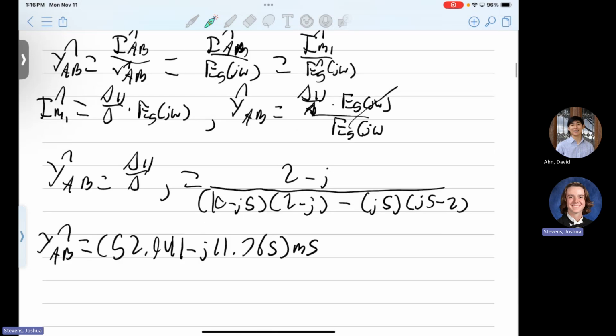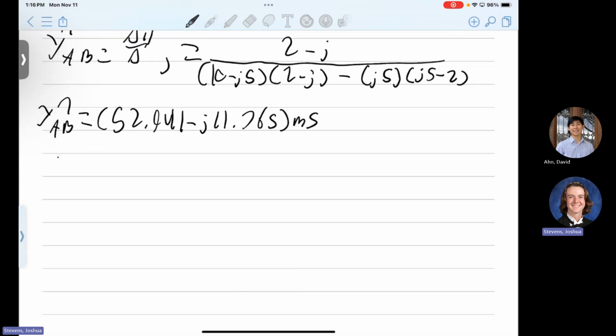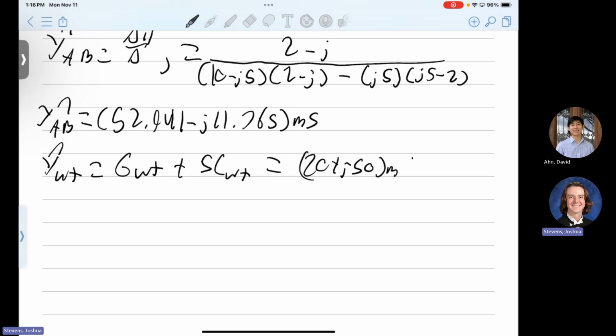So I'll just make a new variable called YWT equals G omega T plus SC omega T. Do we agree? Cool. Which simply equals 20 plus J20 millisiemens.